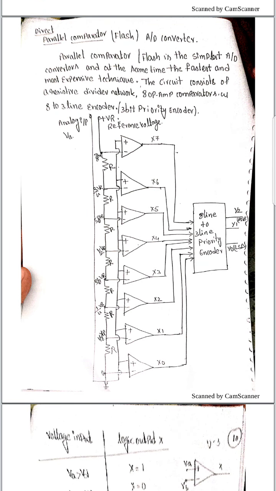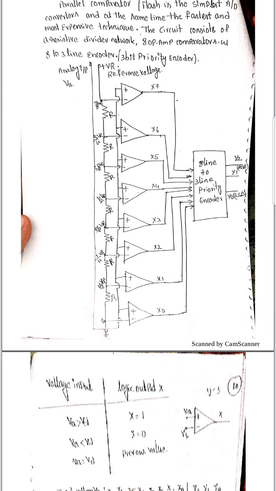First of all, the parallel comparator or flash type ADC converter. The parallel comparator is the simplest A to D converter and at the same time the fastest and most expensive technique. The circuit consists of a resistance divider network, 8 op amp comparators and an 8 to 3 line encoder, that is the 3-bit priority encoder.